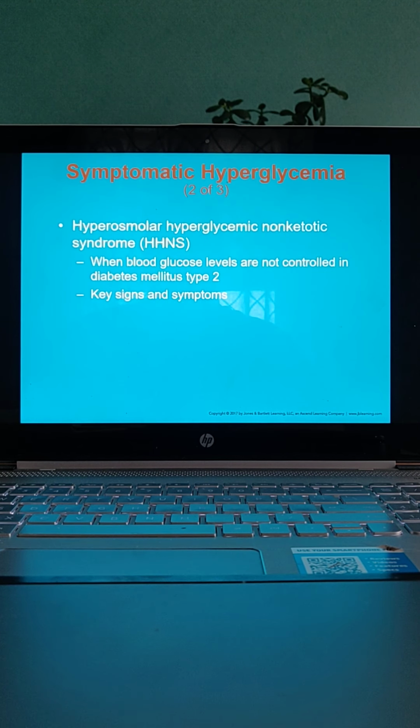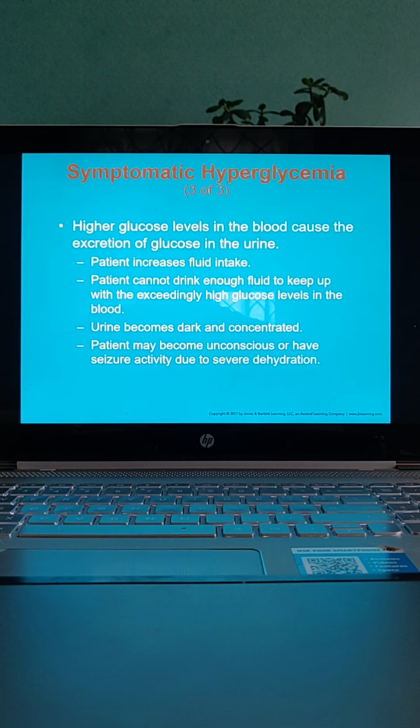That's a tongue twister. So what is hyperosmolar hyperglycemic non-ketotic syndrome, otherwise known as HHNS? It's when the blood glucose levels are not controlled in diabetes mellitus number 2. Key signs and symptoms. Okay.